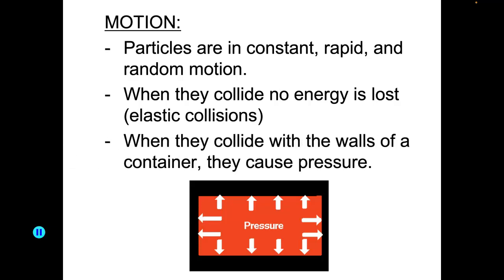And when they collide with the walls of a container, they cause pressure, and that pressure pushes on the outside of the container. A good example of this is if I blow up a balloon with air, every time the air molecules collide with the walls of that balloon, they cause pressure, and that's what helps the balloon keep its shape, and you can feel that pressure if you push on the balloon.